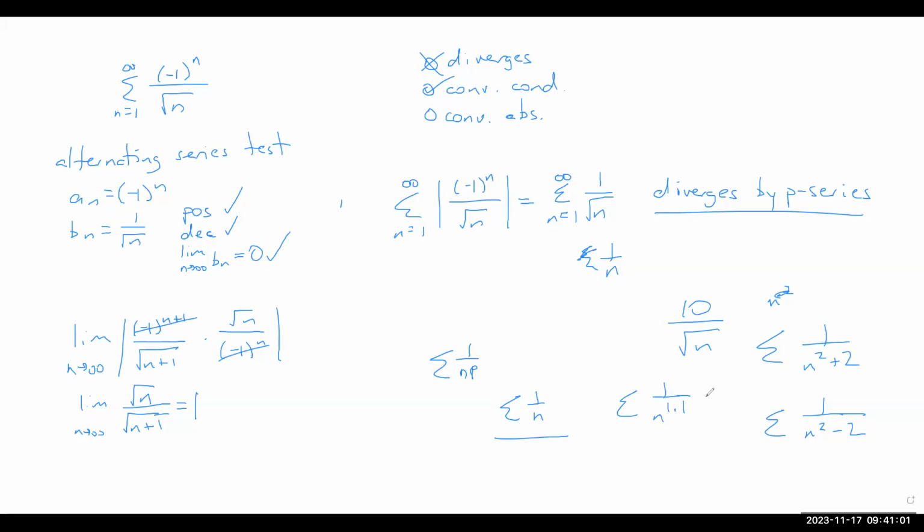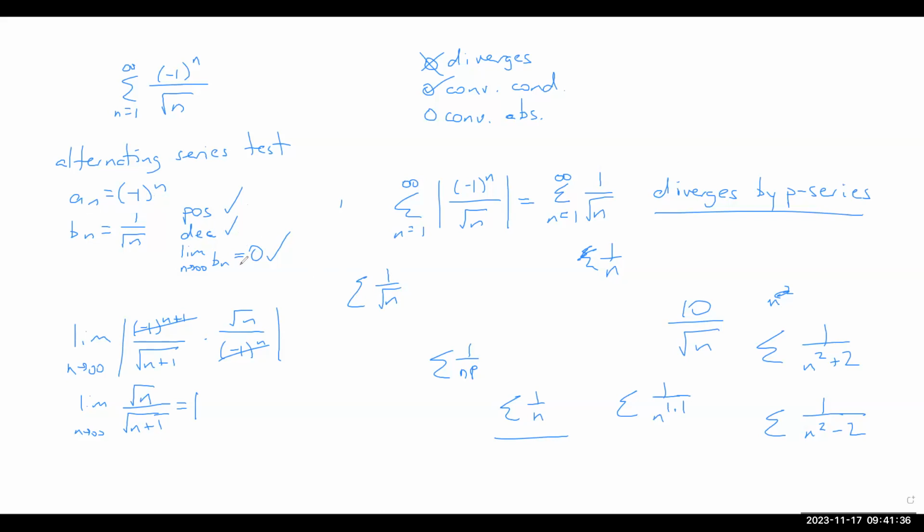Go ahead. The alternating series test, are we looking at Bn, only that? Yeah. But here's the thing. Most of what we're focusing on is the non-alternating part of the series, but this test only works if the overall series alternates. If it was just 1 over square root of n, then all these things are still true.